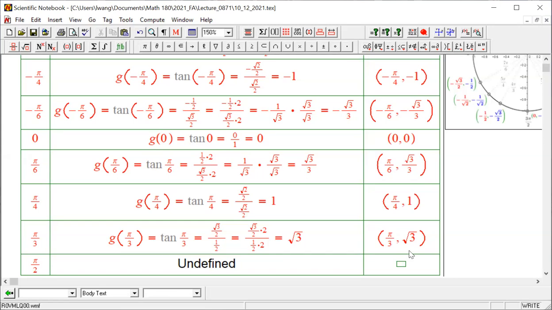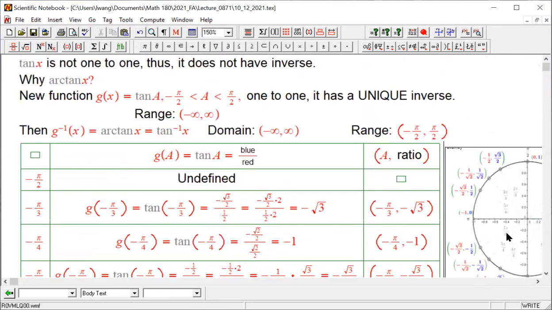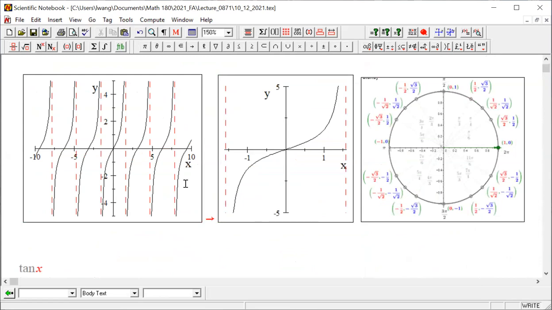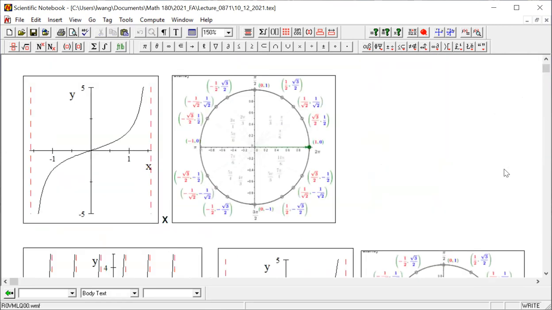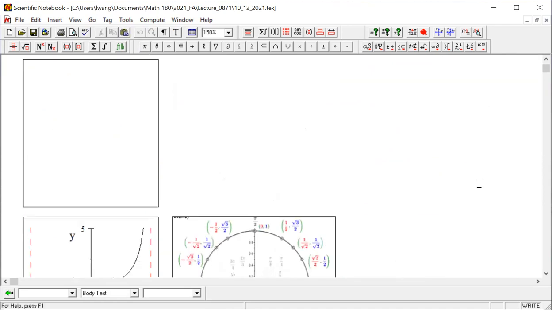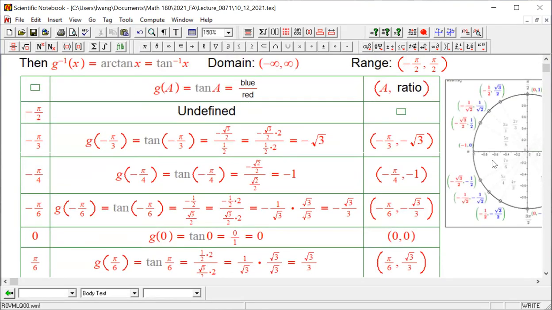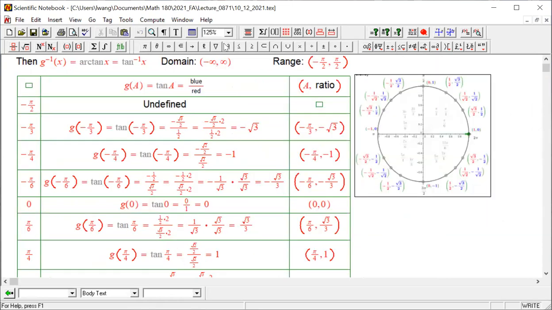Okay, so now we have 7 points. Now we're going to put these points on this tangent curve. This piece, this slice, not the entire tangent. It's after truncation. Okay, so this is too big, 125%.